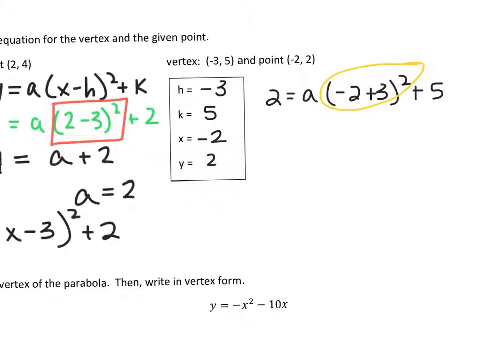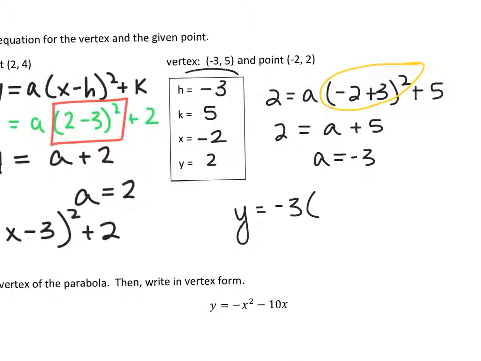So this will be 2 equals 1 squared, which was 1, so it's a plus 5. So a equals -3. So my equation is going to be y equals a, which is -3, times (x plus 3) squared, because that was a negative, plus 5.